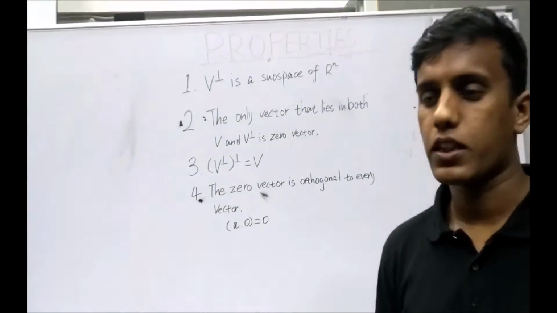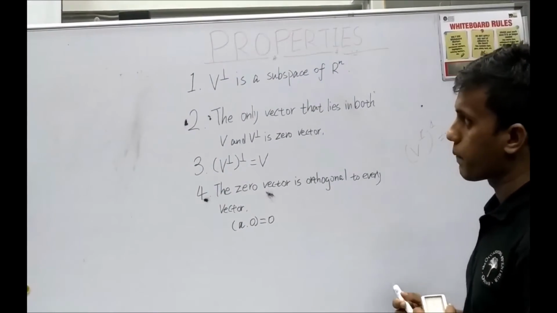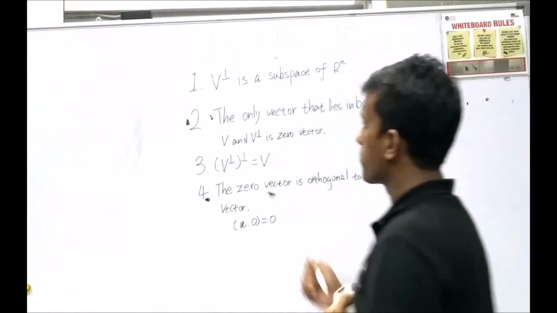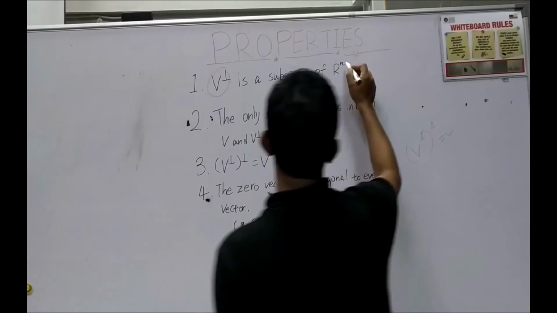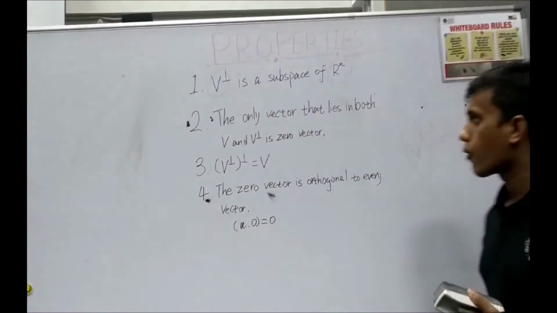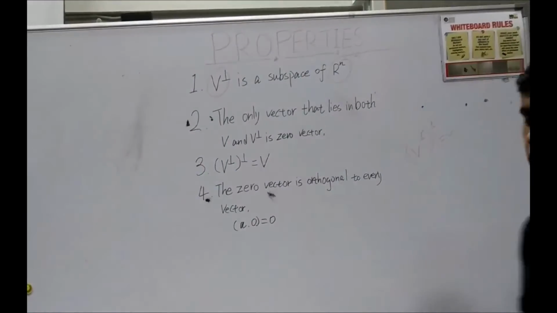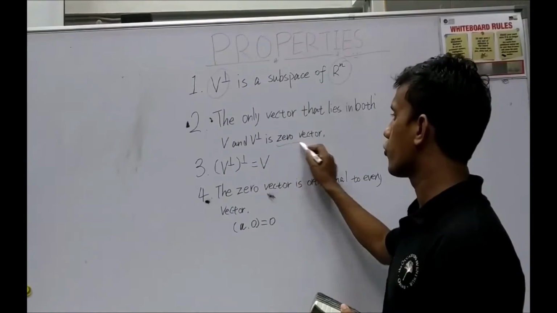Now the properties of orthogonality. Number one, the orthogonal complement of V is a subspace of R^n. Number two, the only vector that lies in both V and its orthogonal complement is the zero vector.